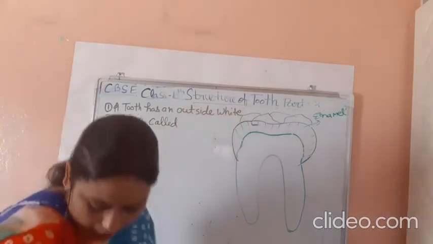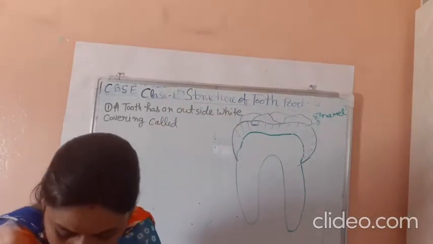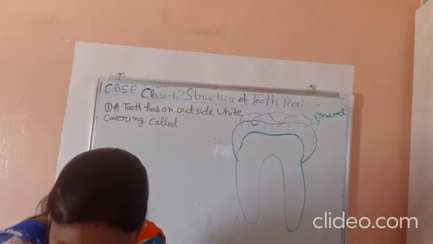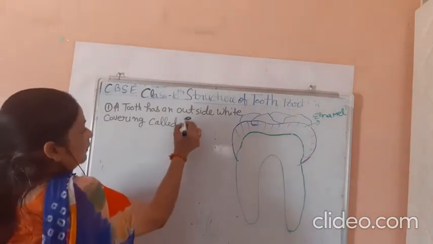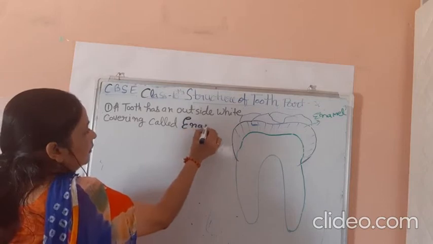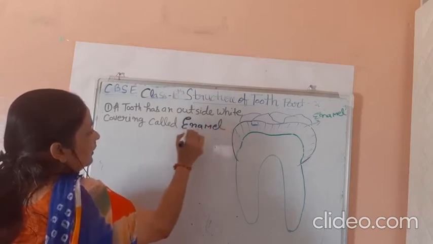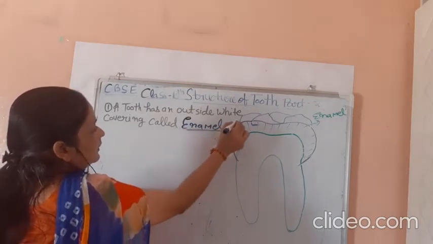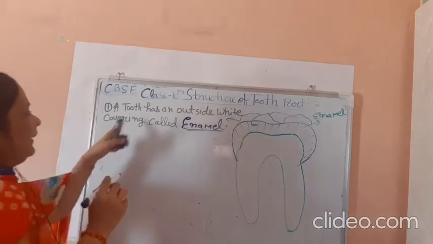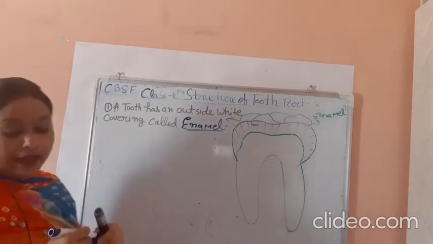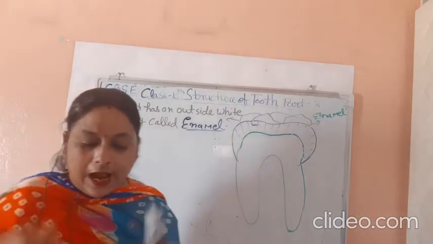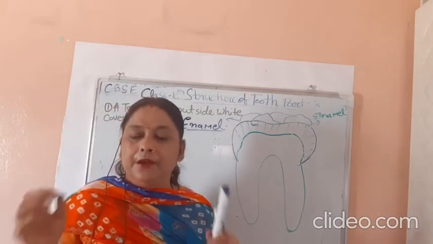Here, underline it. A tooth has an outside white covering called enamel. This is the hardest material in the human body.